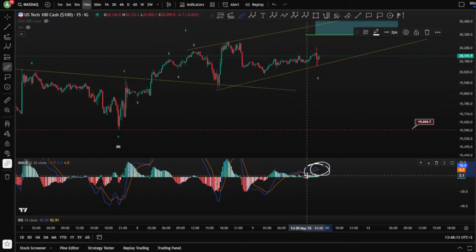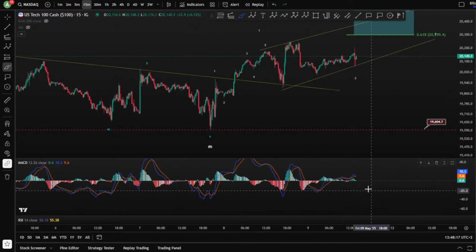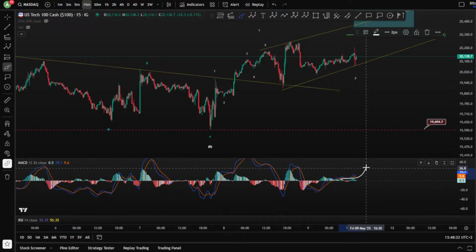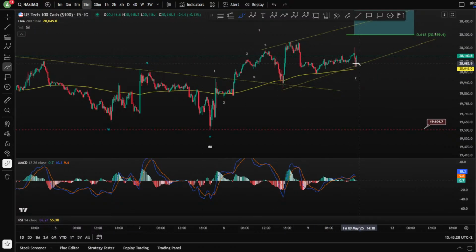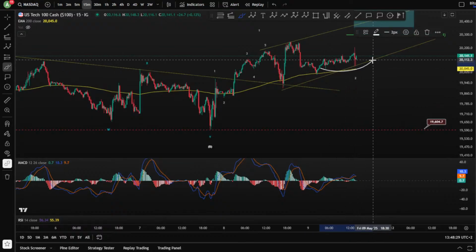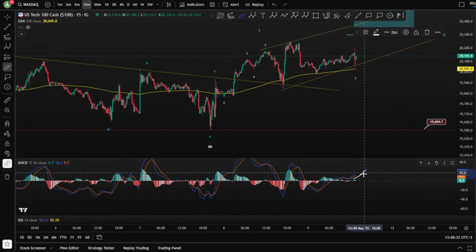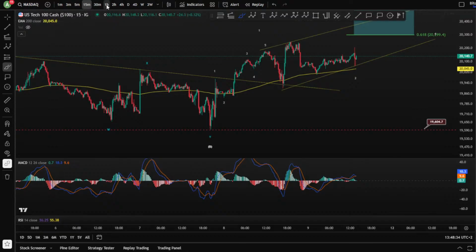Okay, we see something here. It is a little bit scary because the momentum is shifting down, but you're still in the higher part of the MACD. If we take the EMA, yeah, that's good. You're still over the EMA, so that's good as well. Potentially, I would like to see higher prices.